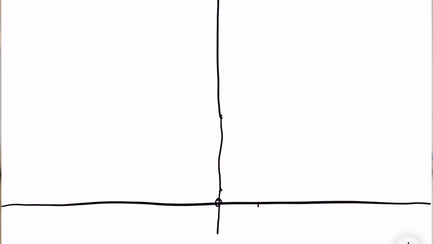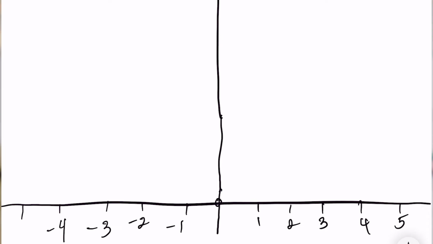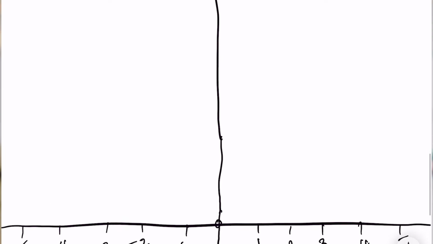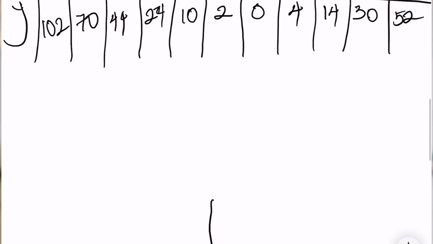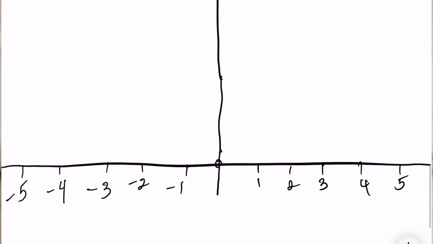It will be 0 here, then 1, 2, 3, 4, and 5, and minus 1, minus 2, minus 3, minus 4, and minus 5. So here we can just use 10, 20, 30, 40, 50, and so on.